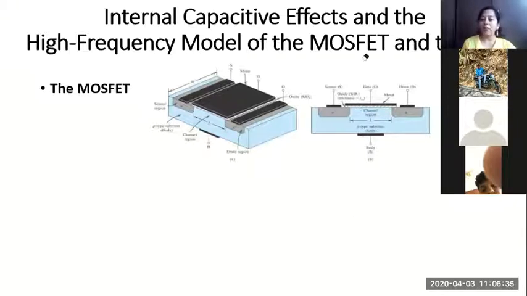But at high frequencies, we surely have to consider them. And after considering them, we derive the high frequency equivalent model for the MOSFET. So please remember, for the MOSFET, we write a low frequency equivalent model that will work for low and middle frequencies. And for high frequency, we write a separate model.